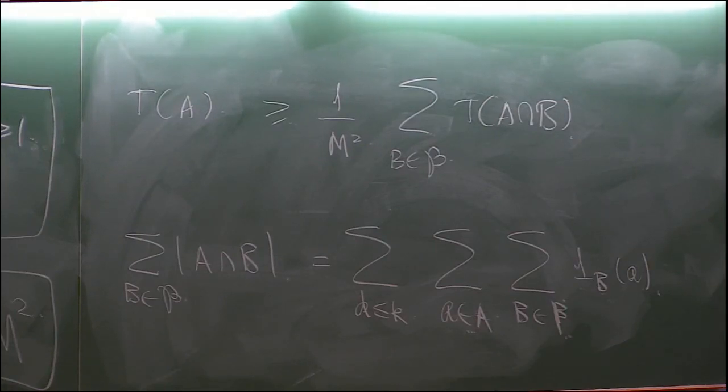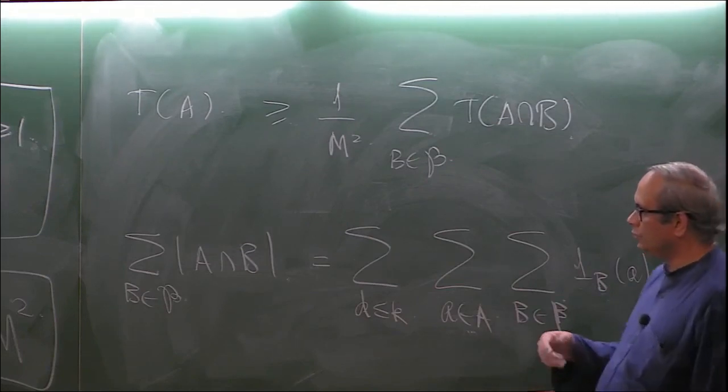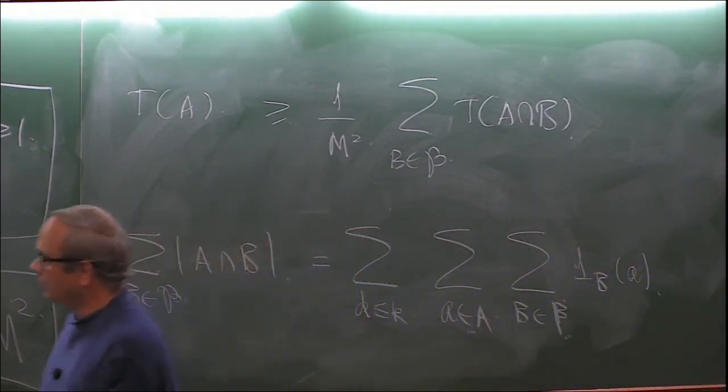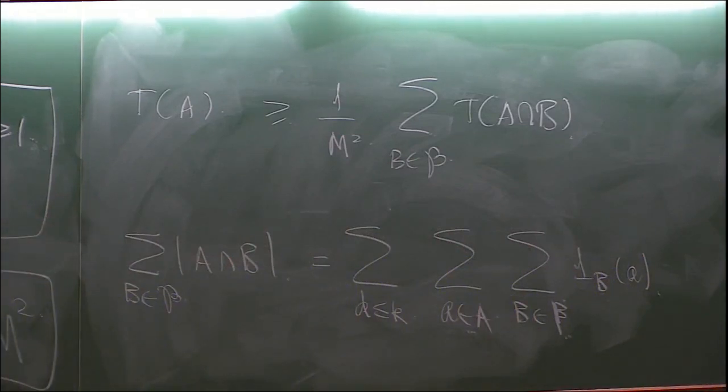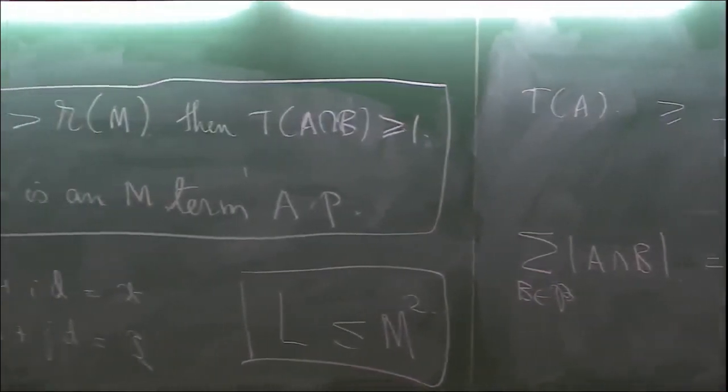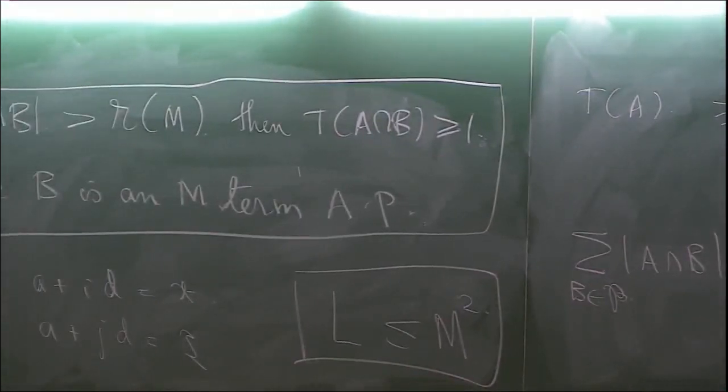So to get a lower bound here, the method is to show you a subset of 1 to N which is contained in a lot of M-term APs, and then just count its intersection with A and say that the intersection with A is big. So at least you have so many M-term AP intersections. So how does one do that?